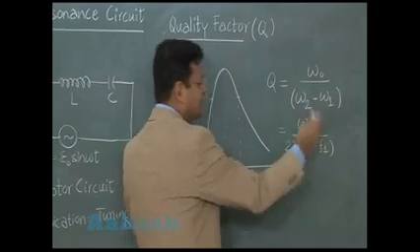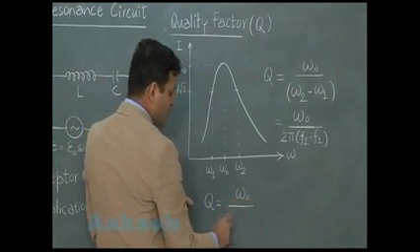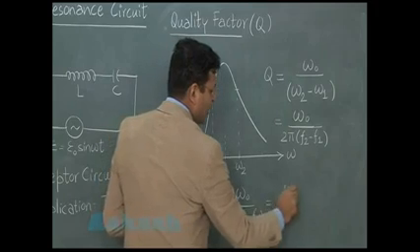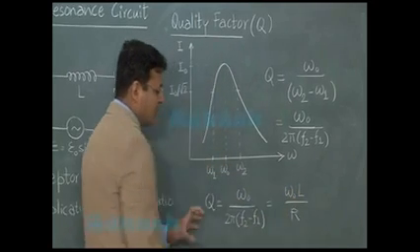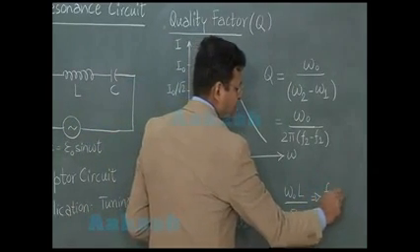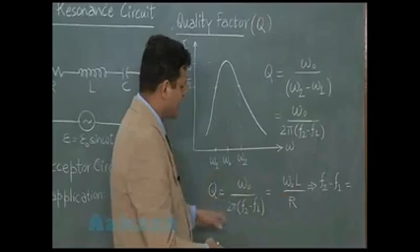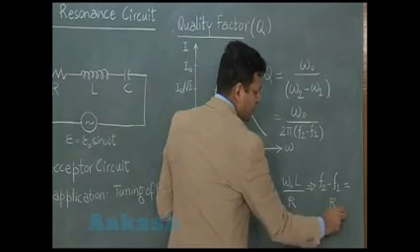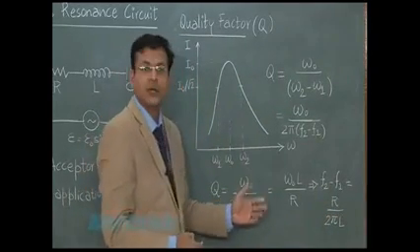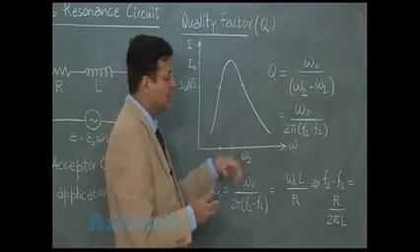And if you try to compare this quality factor expression as omega naught upon 2 pi (f2 minus f1), in case we compare it with the earlier expression we had obtained as omega naught L by R, then you can say the frequency bandwidth f2 minus f1 can simply be written as R upon 2 pi L, and this becomes the essential property of the series resonance circuit which has been applied in any particular tuning radio or any device like that.